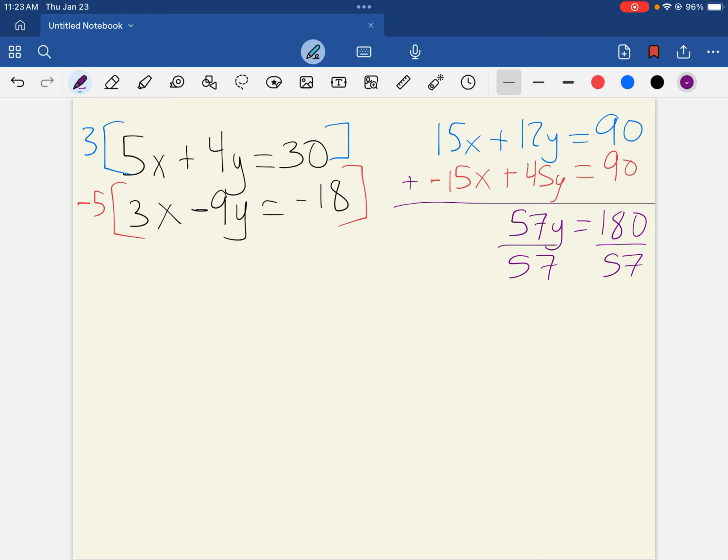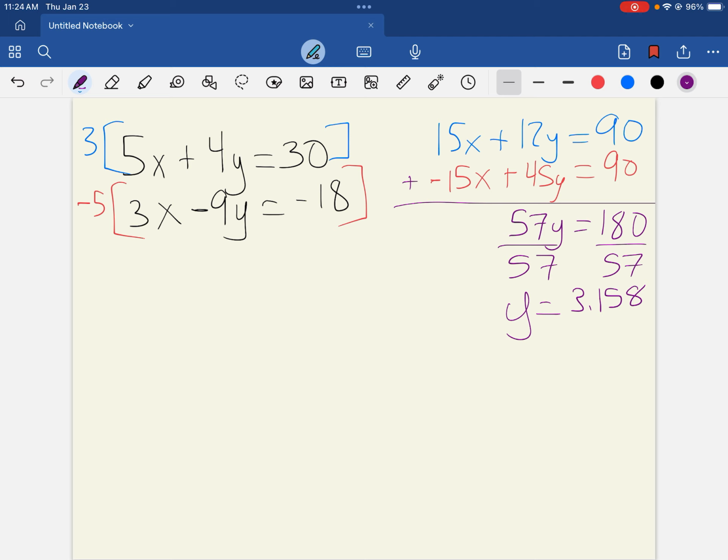When I take 180 divided by 57, I'm going to get a crazy never-ending decimal. And again, the reason why this is happening in this problem is because I actually forgot to write down a negative sign, so it is what it is.